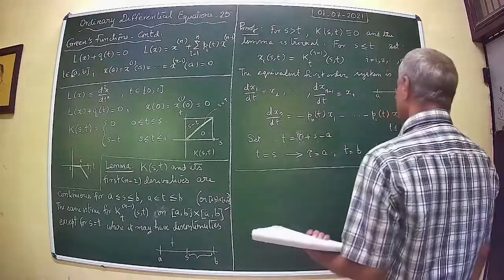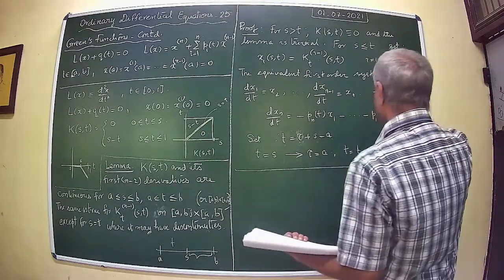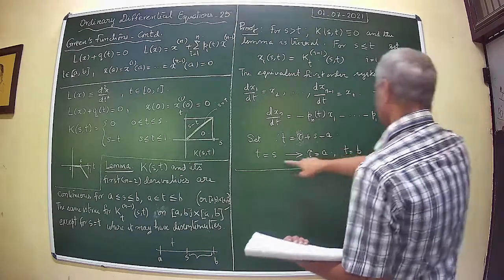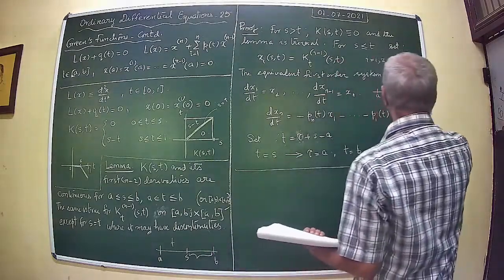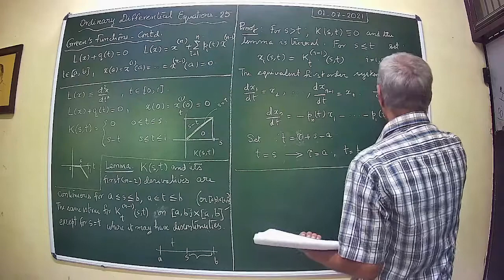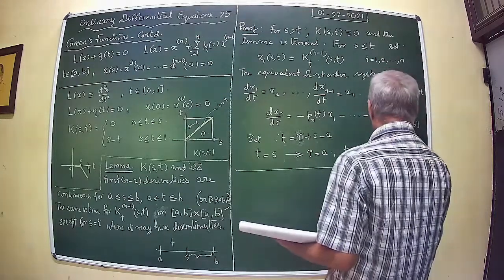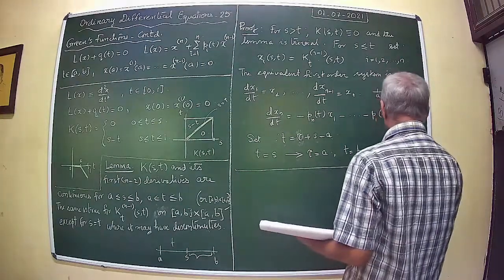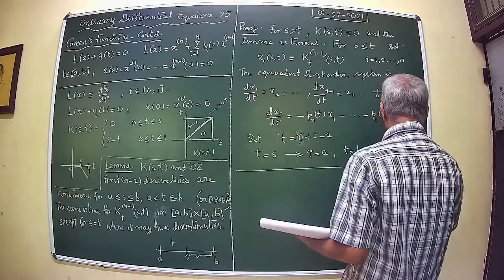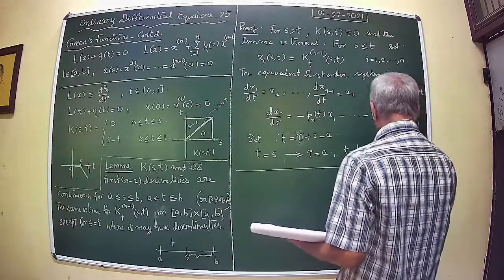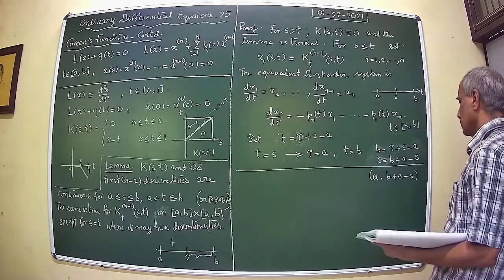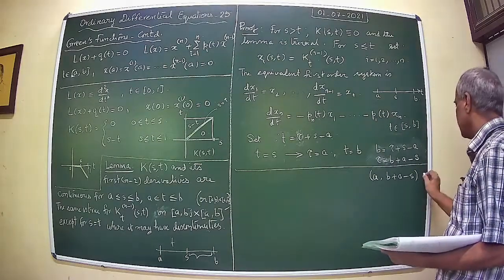That amounts, you see that when T equal to S, you are getting tau equal to A. So the new variable is on the interval A to B plus A minus S, this interval. The variable is tau.